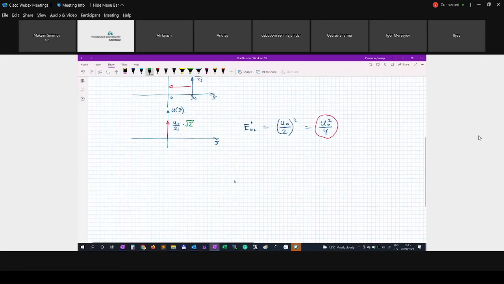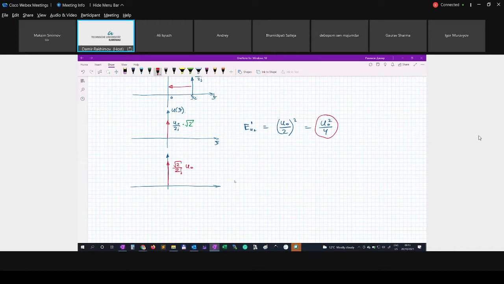So, and finally, I show the final result, how it should look. We have a delta pulse with bigger magnitude, and it has value square root of 2 over 2j times U0.